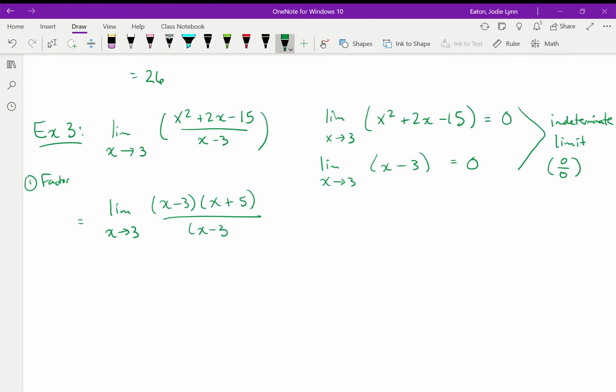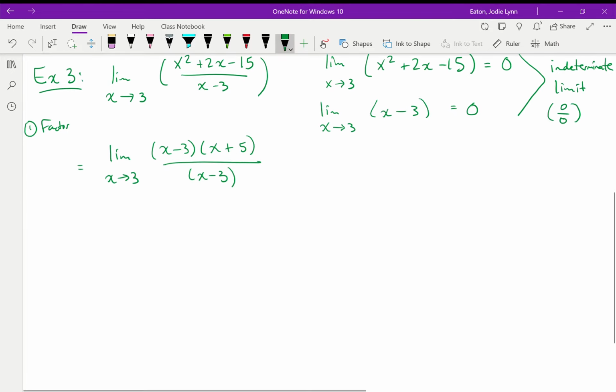Notice I have to put the limit here, and I'm going to use that notation throughout until the point when I actually plug in the number. So I have x minus 3 factored out, so now I can cancel that x minus 3, because the limits will be the same. So this is equal to the limit as x approaches 3 of x plus 5, which is equal to 8.